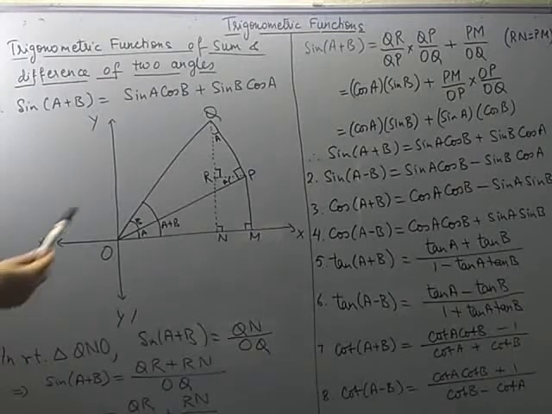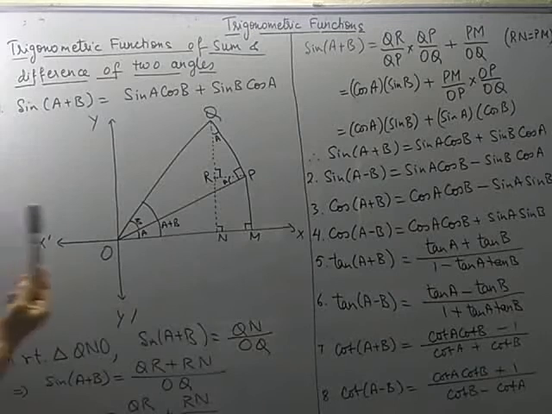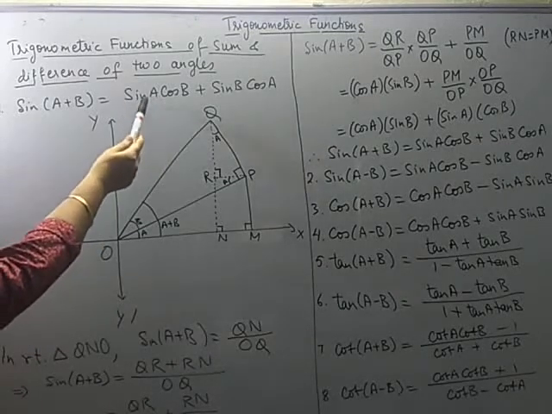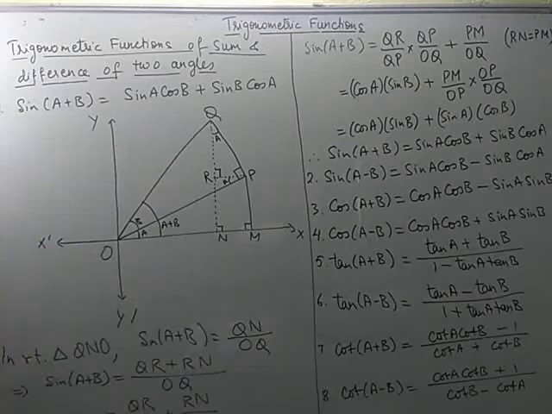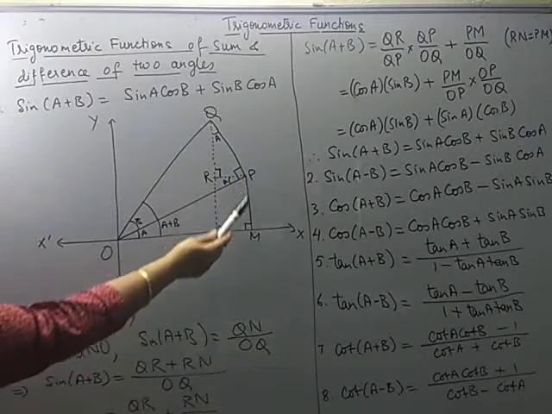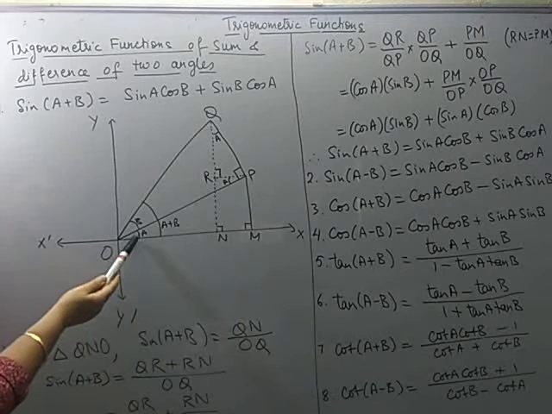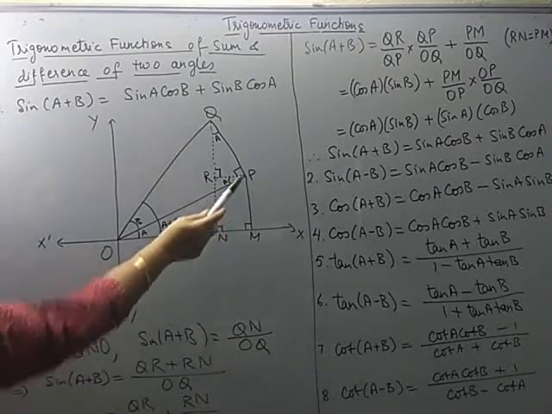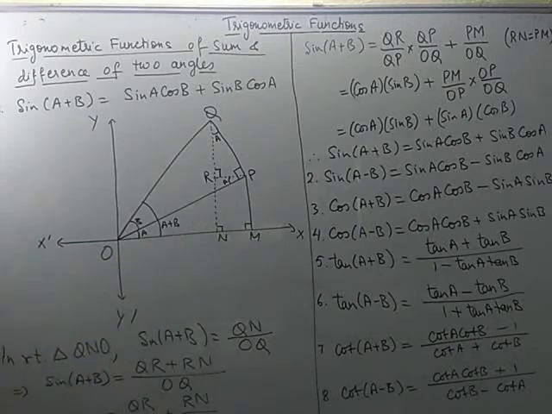For this we have taken some right angle triangles. See, you can see the right hand side. We need a right angle triangle having angle A, another having angle B. So you can see triangle PMO is a right angle triangle with angle A, between the side OM and the hypotenuse. So OM is our base.